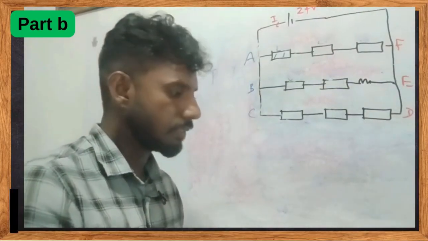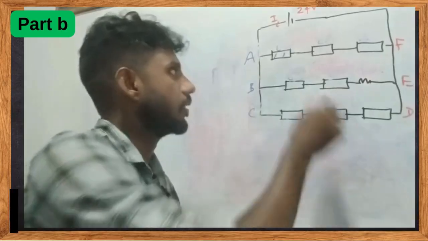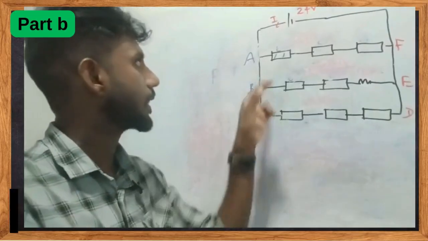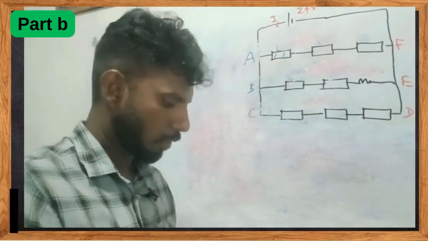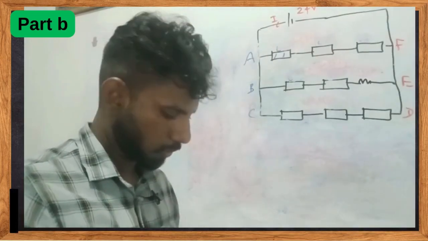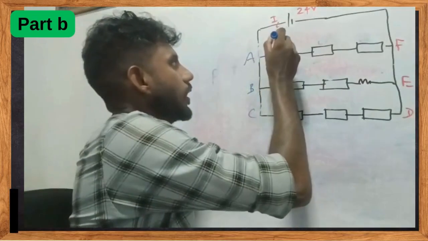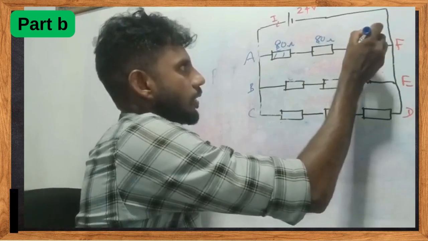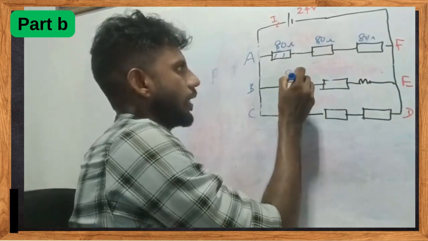So we need to know the resistance over here, which of course we have found earlier. It was 80 ohms. So here it's 80 ohms, here it's 80 ohms, here it's 80 ohms, here it's 80 ohms.